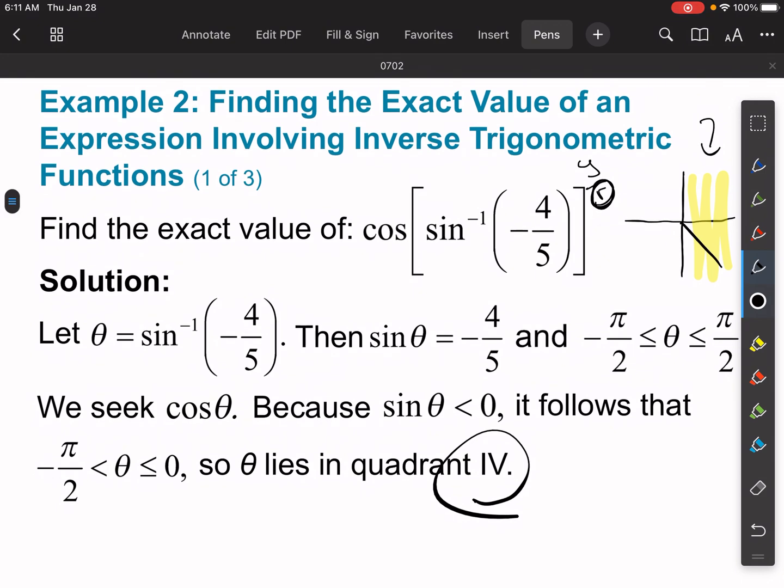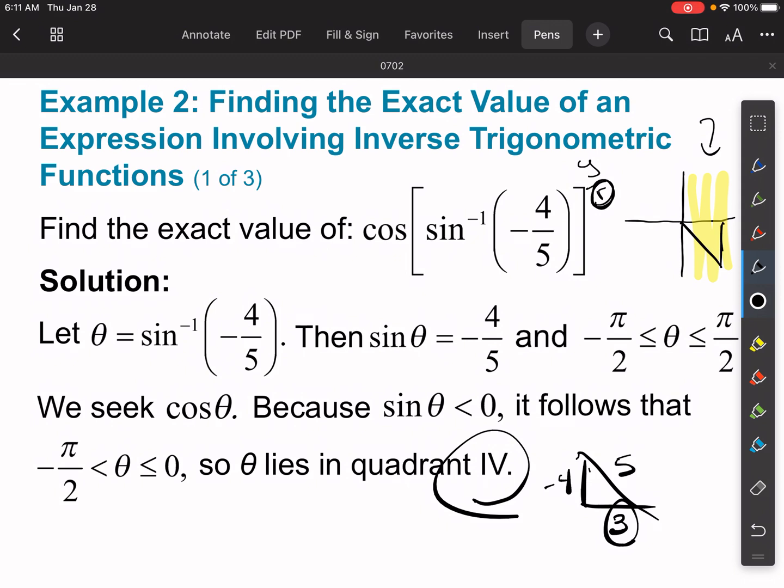All right, so now I can use the exact same method I did last time. Since sine is y over r, I'll just make another triangle here. I know that my hypotenuse is 5, and I know that this value is negative 4. So I can use the Pythagorean theorem to figure out this side. It's a 3, 4, 5 triangle. I know that from last time, and it's just a common right triangle.